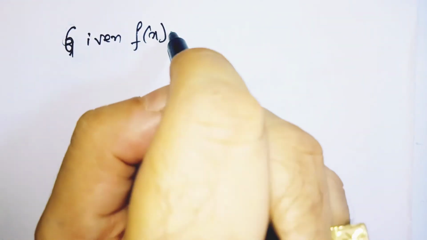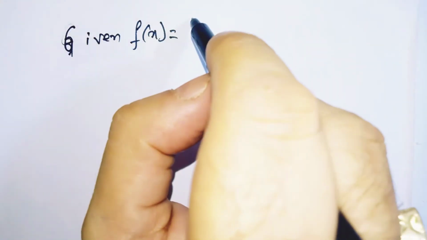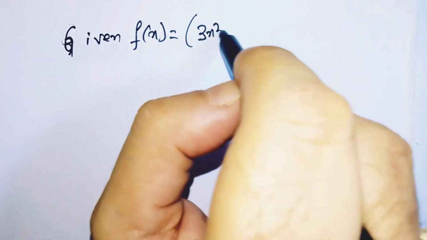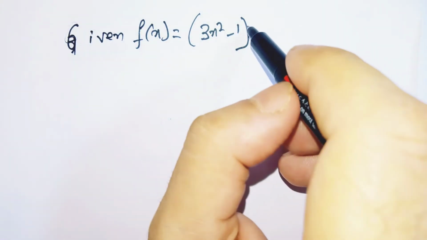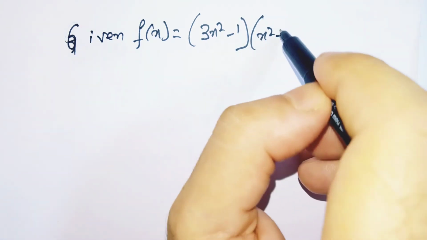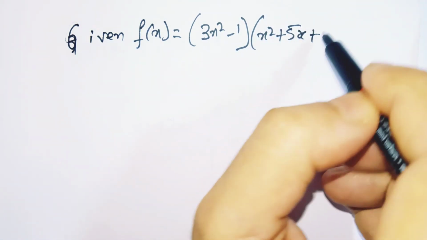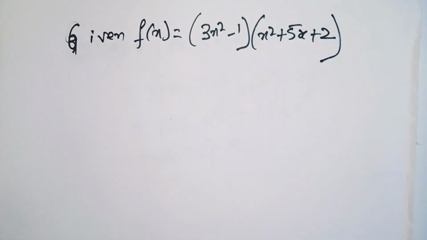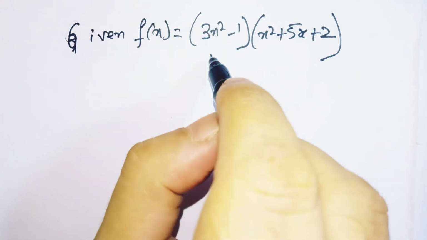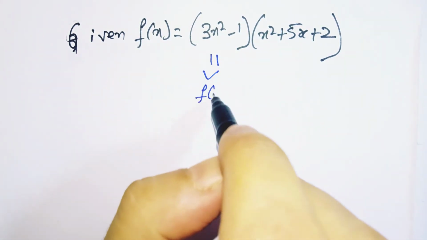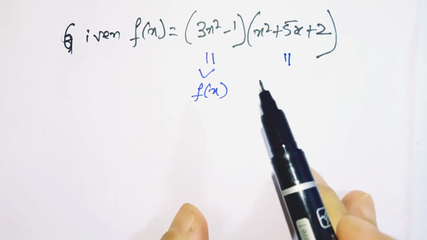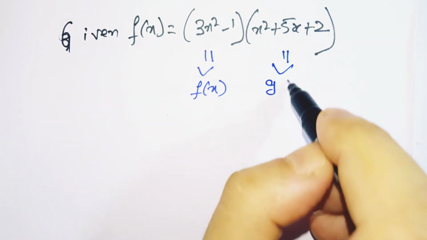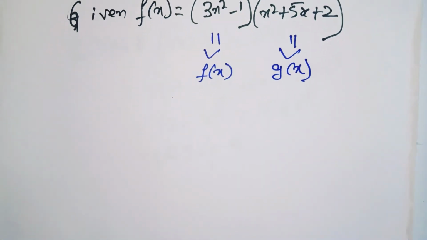If you're given an expression, say for example, f of x equals (3x² minus 1) multiplied by (x² plus 5x plus 2). Okay, so this is given to you, and what we are going to do is simply substitute this one as f(x), this one as g(x), right? Clear?